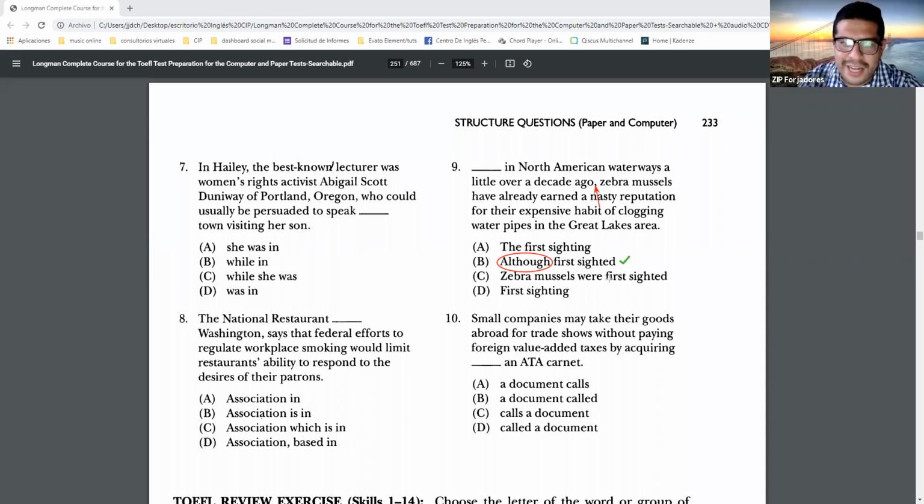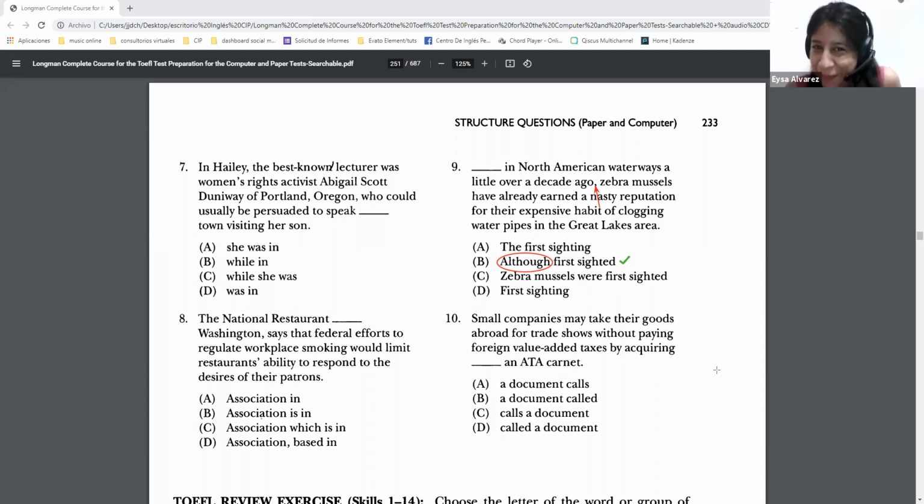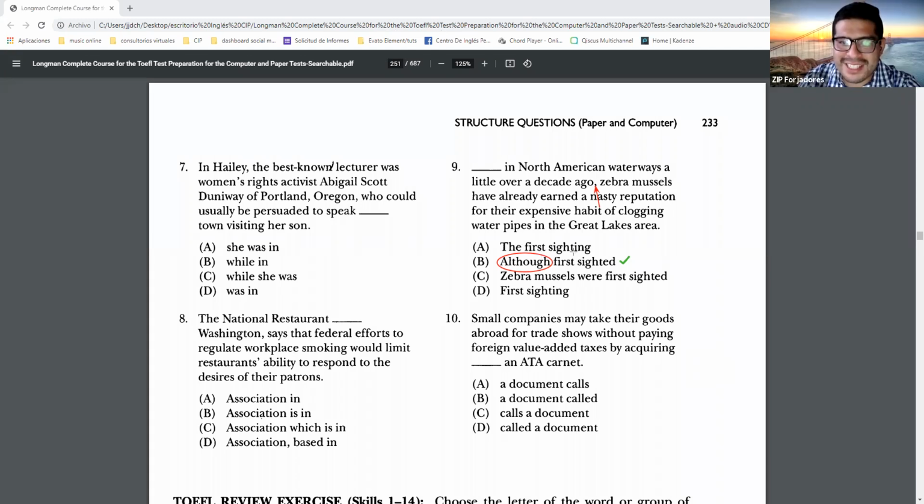So let's say letter A. You're going to explain to me why letter A cannot be. Because we have the first, citing.